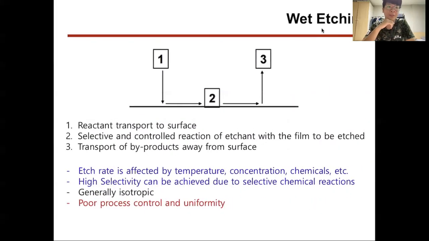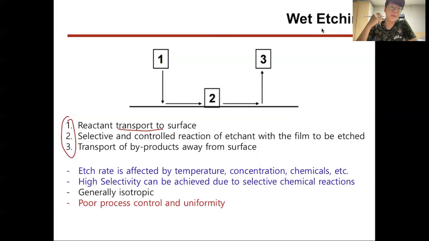First, wet etching. Every wet etch process has certain steps. First, we have to deposit the etchant on the surface. We have to transport the etchant, or reactant, to the surface, and then we wait until it reacts with the target material.